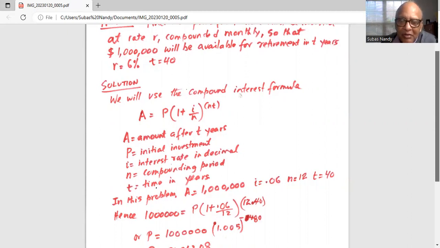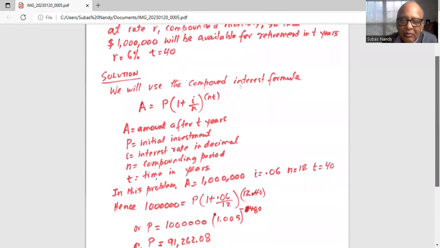So divided by 12, close the parenthesis, exponent is 12 months in a year multiplied by 40 years. So N is 12, T is 40. So 12 times 40 is 480. So this 1 plus 0.06 divided by 12 is actually 1 plus 0.005. So it's 1.005 exponent 480.